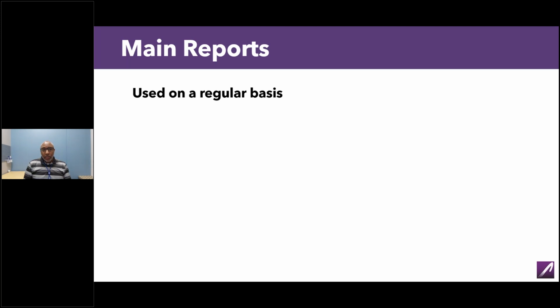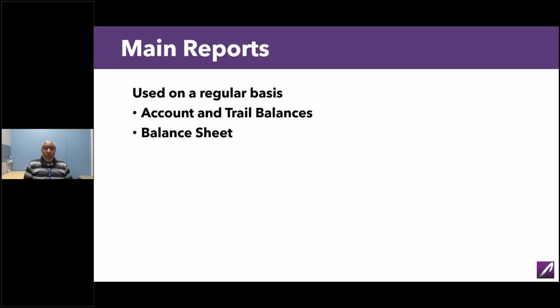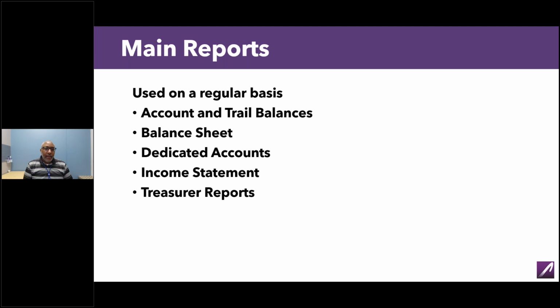I'm calling these main reports mostly because they're used on a regular basis. The nonprofit reports aren't used quite as much because they're more complex, but these are really used on a regular basis. It's the account and trial balances report, the balance sheet report, the dedicated accounts report, the income statement.